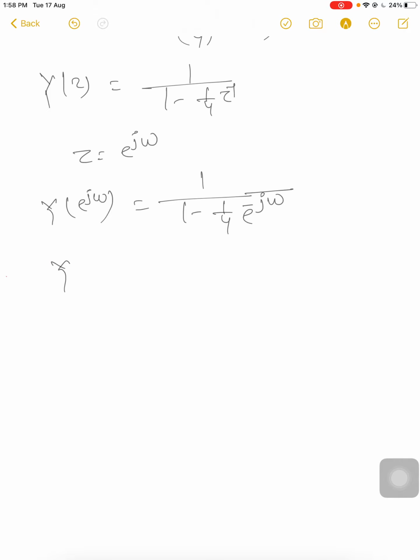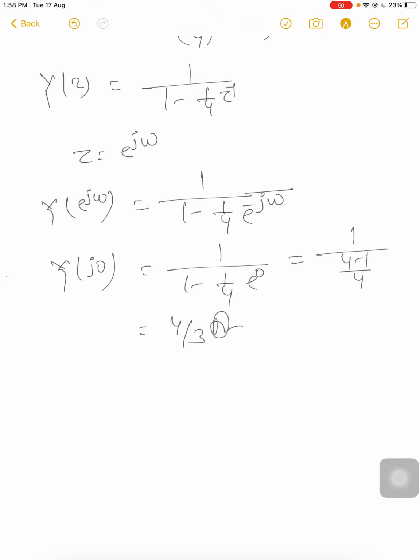Then put ω = 0, and Y(e^(j0)) is equal to 1 upon 1 minus 1/4 e^0, and e^0 becomes 1, then it will be 1 upon 1 minus 1/4, which is 4/3. 4/3 will be the right answer.